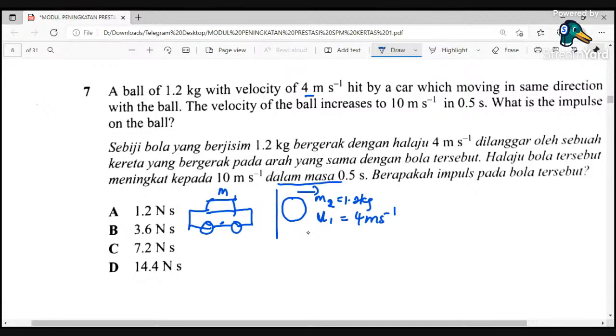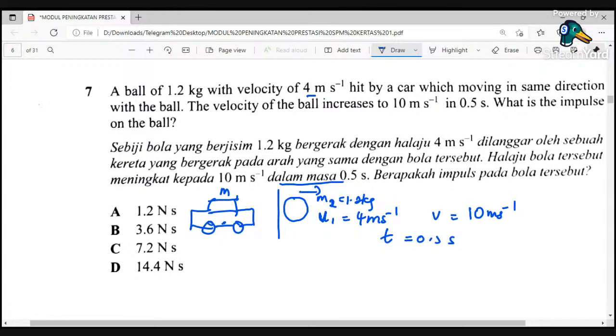In this case, an impulsive force acts on the ball. So the final velocity after the collision, v equals 10 meter second negative 1. The time is 0.5 second. It means it continues to move in the same direction.